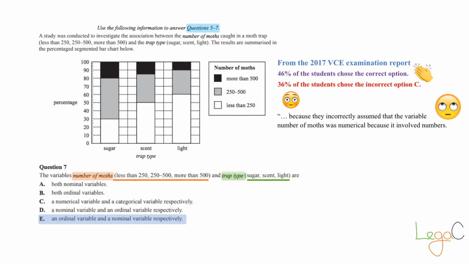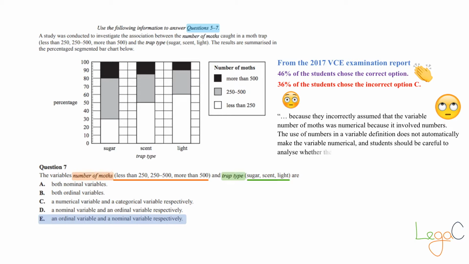The use of numbers in a variable does not automatically make the variable numerical. Students should be careful to analyze whether the numbers are referring to categories for that variable, as was the case in this question.